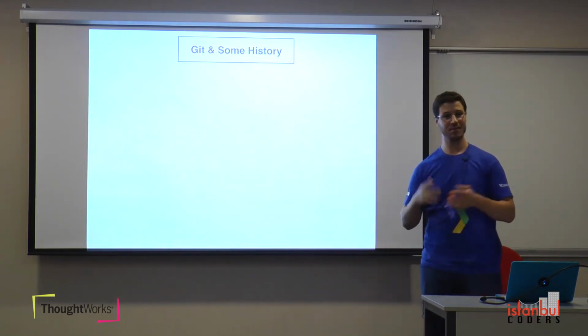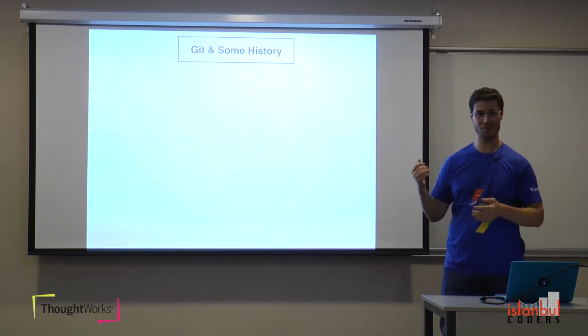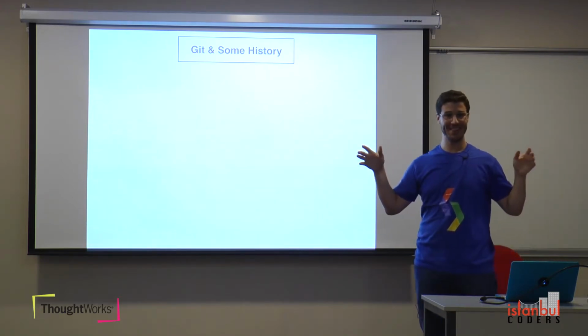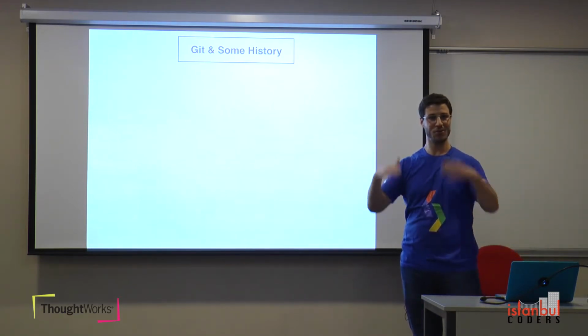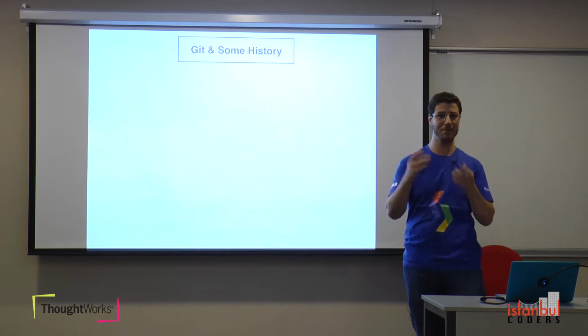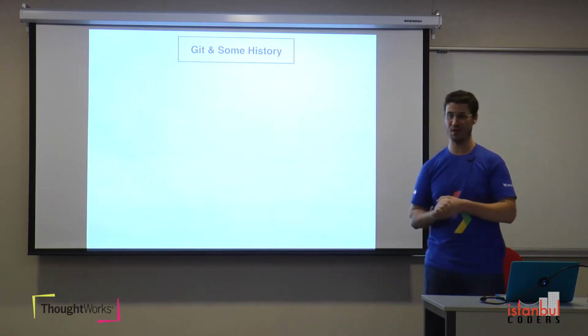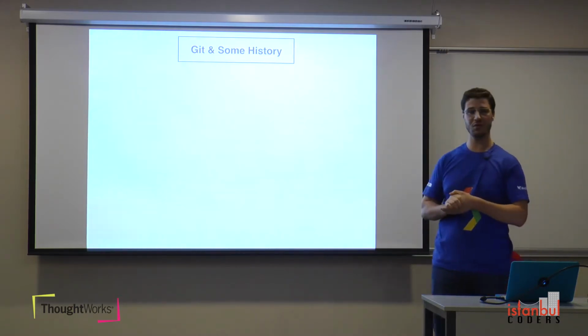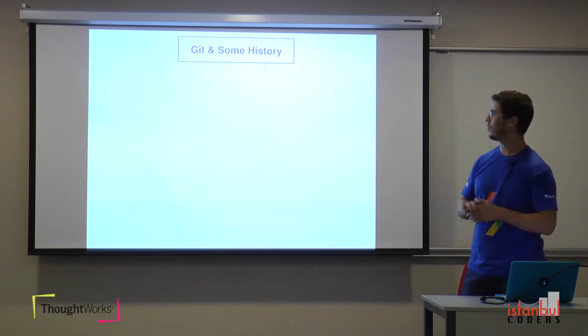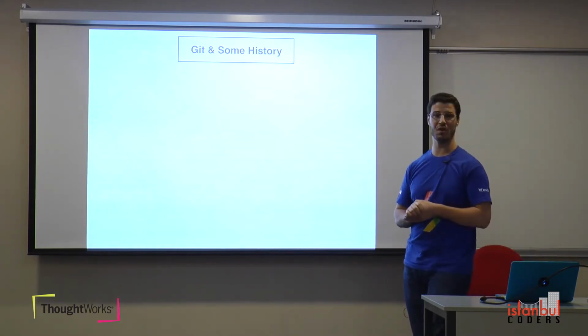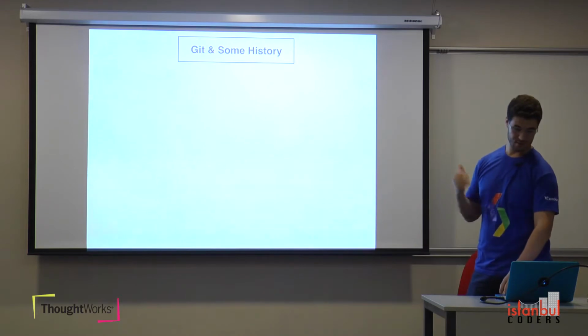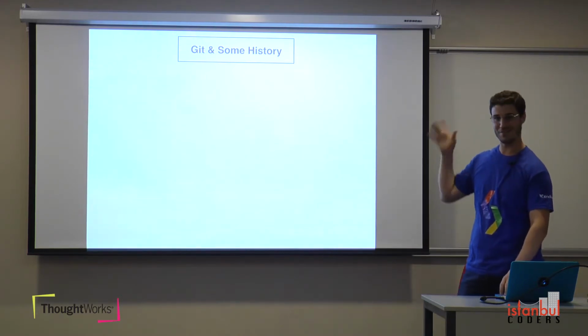So Linus Torvalds got angry, and he was mad about the situation, and decided to create a new project from the ground up. Of course, he was inspired by the BitKeeper solution. So he created a project and called it Git. Okay? So the release of Git was in 2005. So it's like useless history, but maybe you need it.